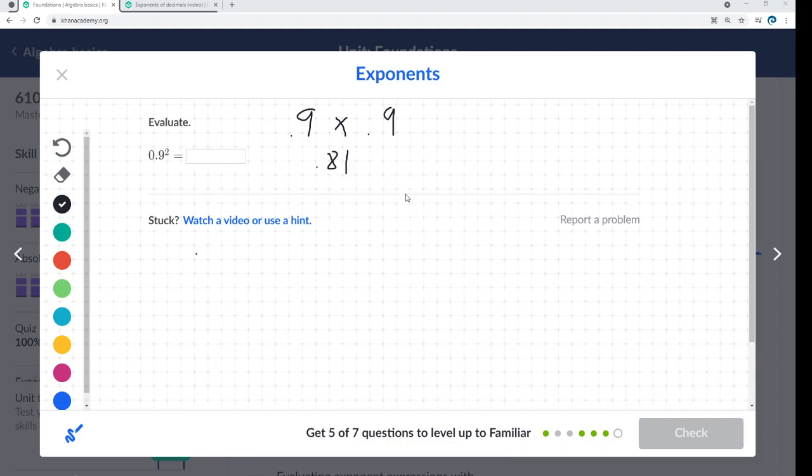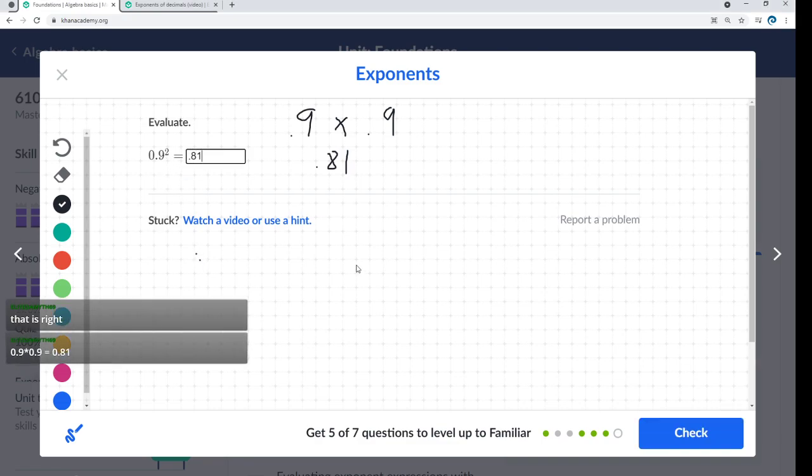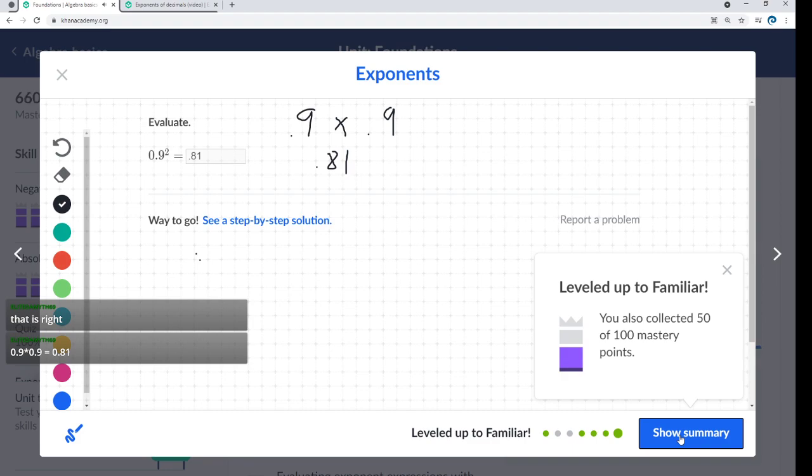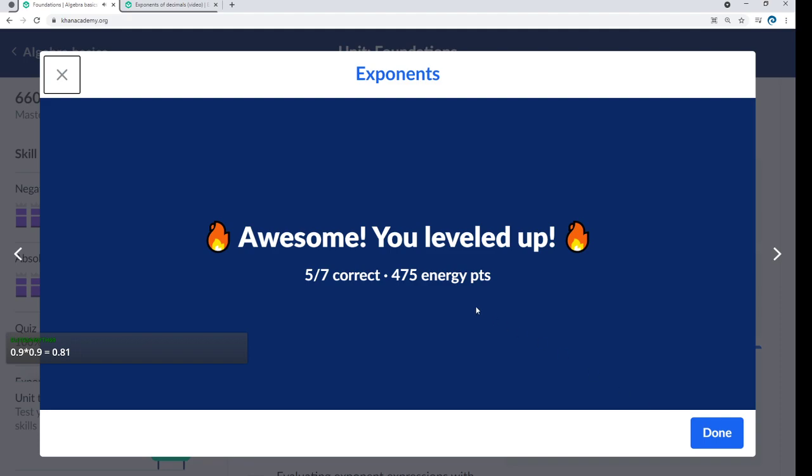Yeah, it is. I don't know why that seems wrong. 0.9 times 0.9 is 0.81 for some reason. How does math even work? Like, I legit don't understand how math mathificates. There's probably a way to write that out in long form so that it makes sense. But I'm familiar. I got enough to be familiar.